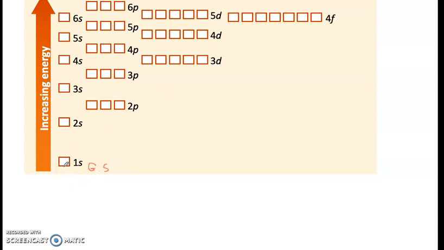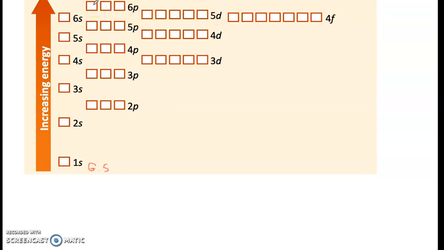The first energy level you're going to go through is the 1s, then the 2s, then the 2p, then the 3s. And they're increasing with energy. The potential energy is rising as you go away from the nucleus. The 3p, 4s, 3d comes after 4s, then 4p, then 5s, then 4d, then 5p, and 6s, 4f, 5d, 6p.